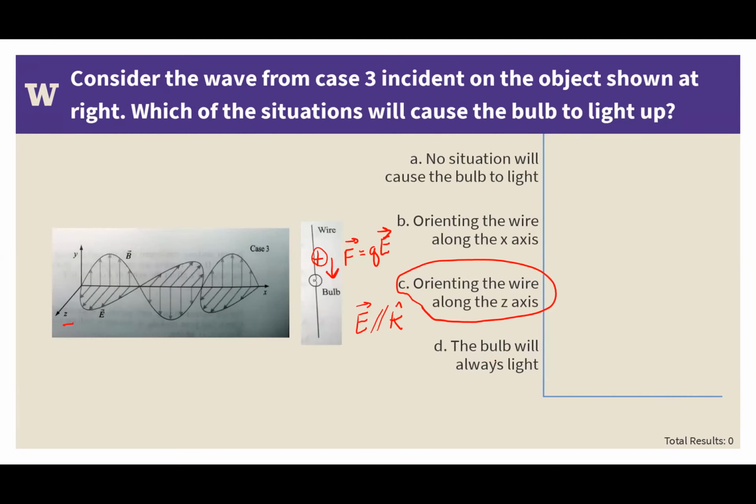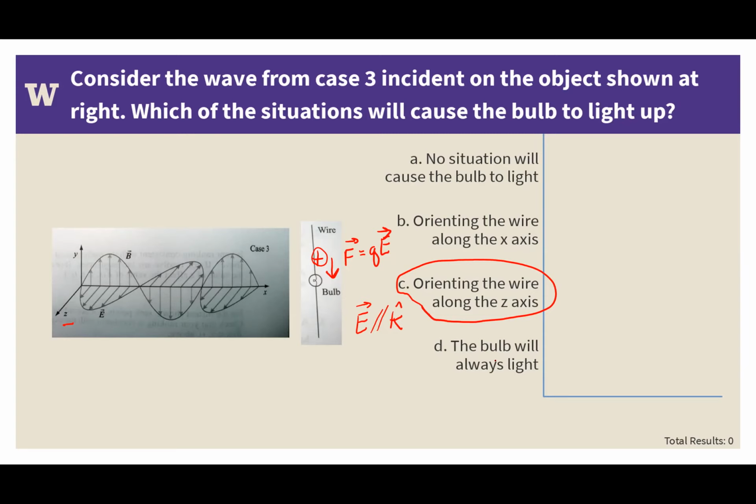Okay, this one is one of my favorites. This gets to what we're actually saying when we say we have an electric field pointing in the X, Y, or Z direction. That means literally that I have an electric field, meaning that if I have charges that are free to move, they will experience a force in that direction.